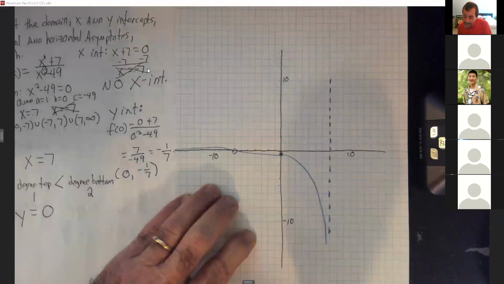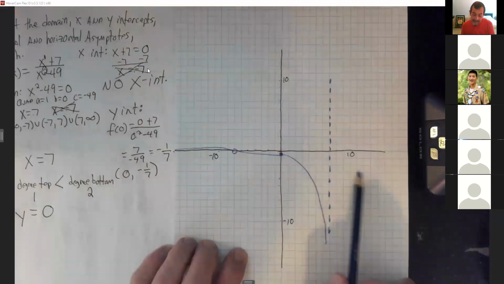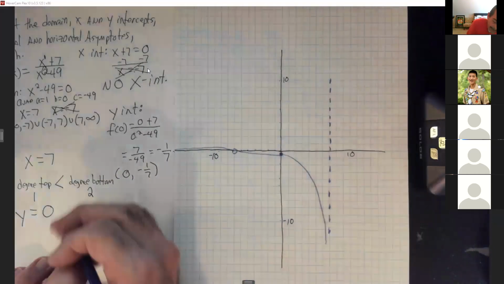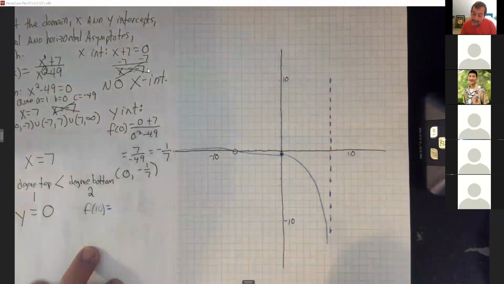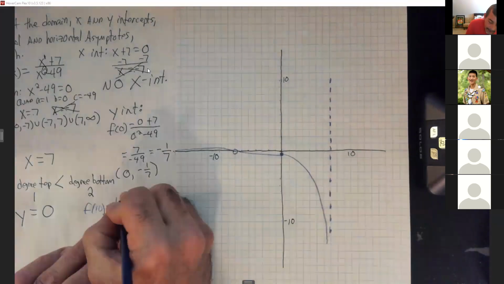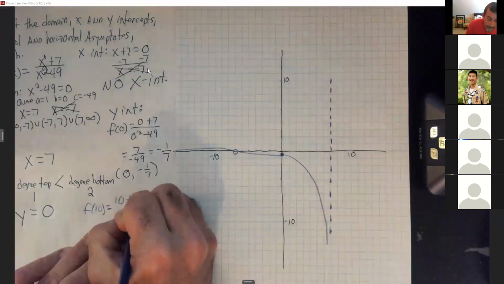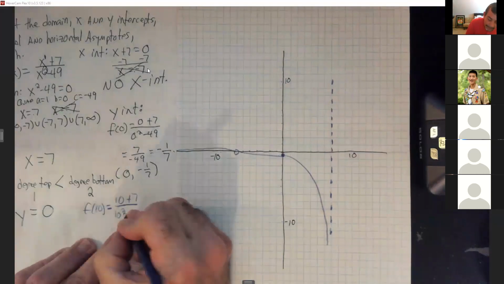So y'all, what we need to figure out is, is this side going to be positive or negative? Since 10's on that side, I'm just going to find f of 10 real quick to see if it's positive or negative. I don't really care about the number. So that would be 10 plus 7 over 10 squared minus 49.